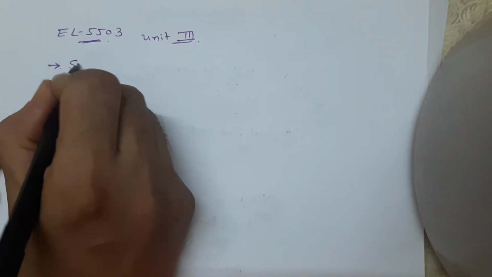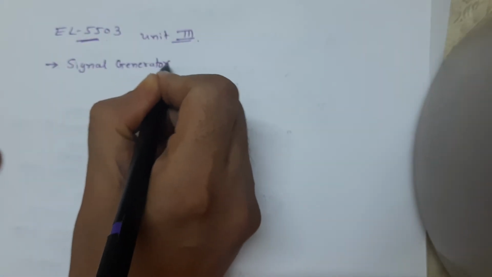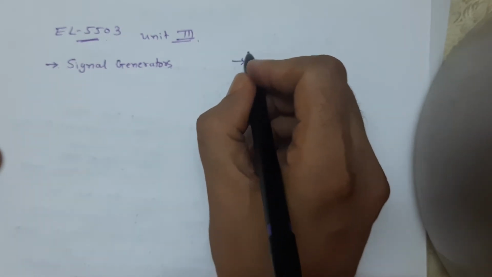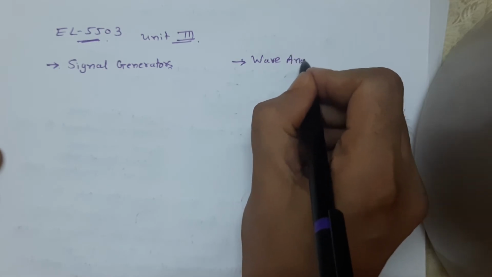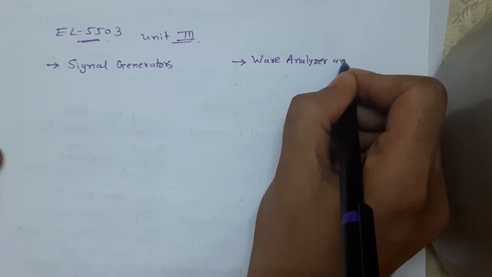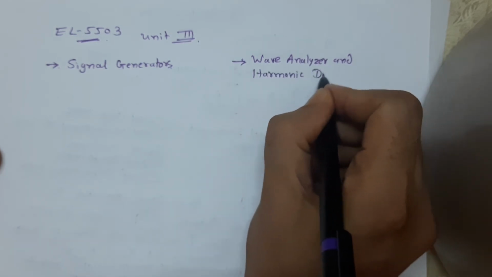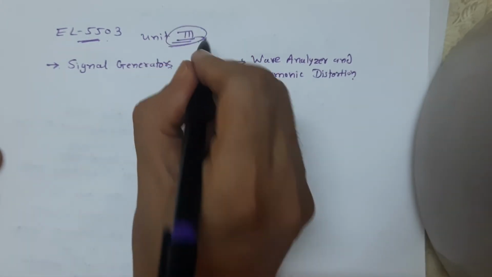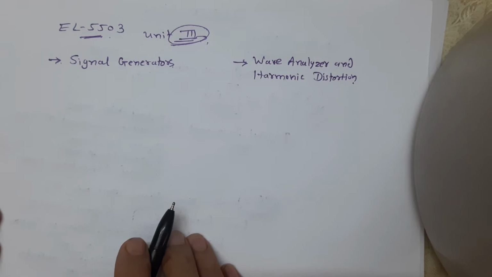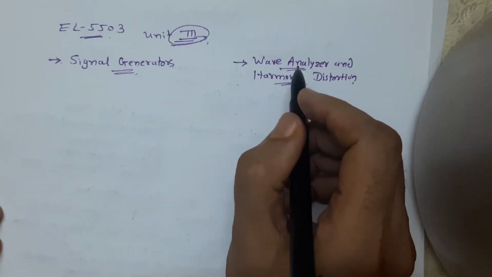The first topic is the signal generator, and the next topic is the wave analyzer and harmonic distortion. This is your unit 3. We again discuss two topics, signal generator, and wave analyzer and harmonic distortion.